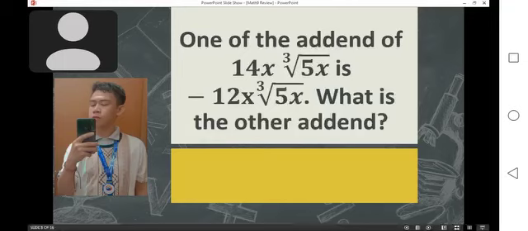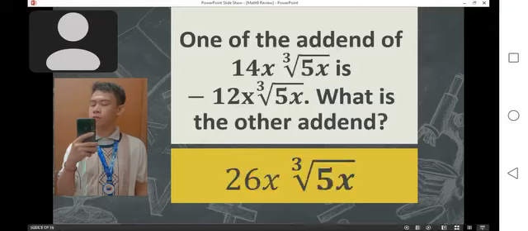To find the other addend, all we have to do is subtract 14x cube root of 5x from negative 12x cube root of 5x. So the answer is 26x cube root of 5x. This comes from subtracting 14x cube root of 5x from negative 12x cube root of 5x. So 14 minus negative 12 is positive 26.